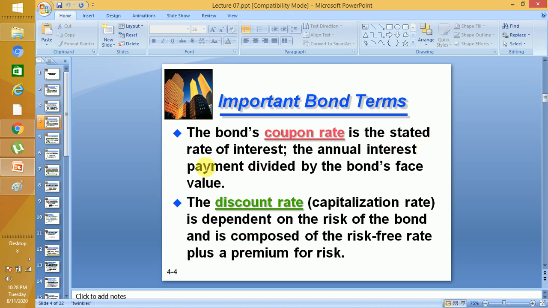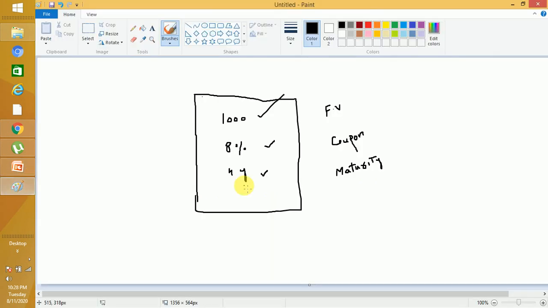The bond's coupon rate is the stated rate of interest, the annual interest payment divided by the bond's face value. Now see, this is the face value, 1,000. And suppose this bond after 1 year is paying $80 interest.